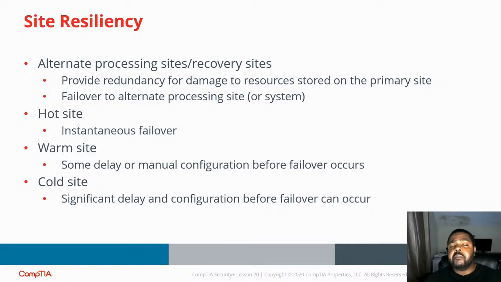It may be in another state, it may be located entirely in the cloud, but the difference is that a hot site is ready to go. It may be a building that's already furnished with internet connection and computers. It just needs the personnel, the actual people, to go in and continue to work. That's a hot site. It is a one-for-one match. It has all the applications there, and the setup of network configurations is already in place.